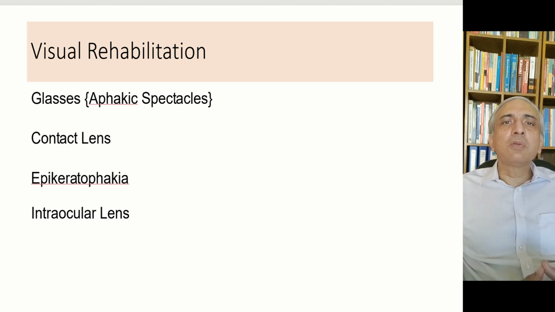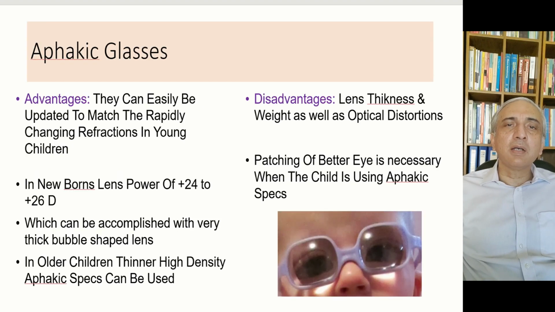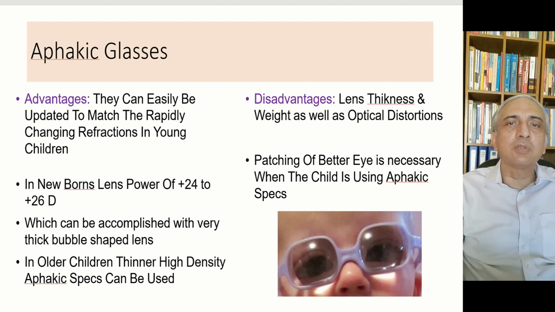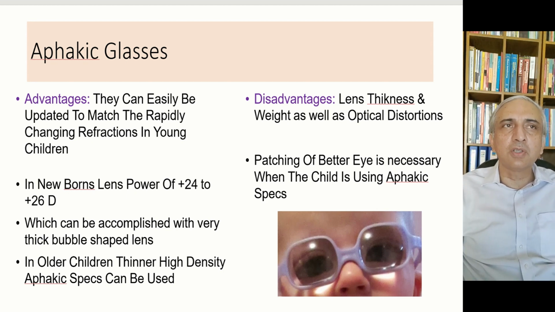Then we come on to the problems which you can get with aphakic glasses. Even just the idea that a child who's 2 months old will need glasses after cataract surgery is incomprehensible to the parents. So you need to sit down really before surgery, and you have glasses in which you have a strap behind it to fix those in, and then the children can wear them.